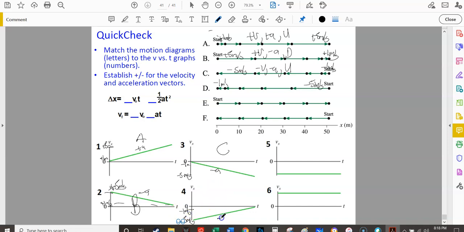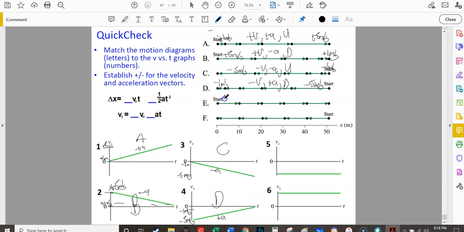Okay, so this slope is going to be positive, so that means we have negative velocity vectors the entire time, but it's slowing down, which means the acceleration vector has to be positive. So this is going to be D. And these are negative velocity vectors and positive acceleration vectors. Okay? All right.